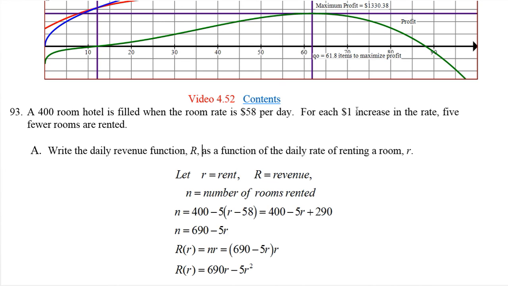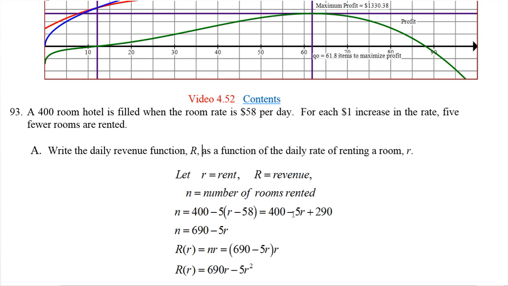I'm sorry, it's a linear relationship not between R and r, but between the number of rooms rented n and r. The slope is delta n over delta r, so it's -5 over positive 1, which is -5. And then we have r minus the point that we know, 58 for little r and 400 for n. So this is the point-slope form of that line.